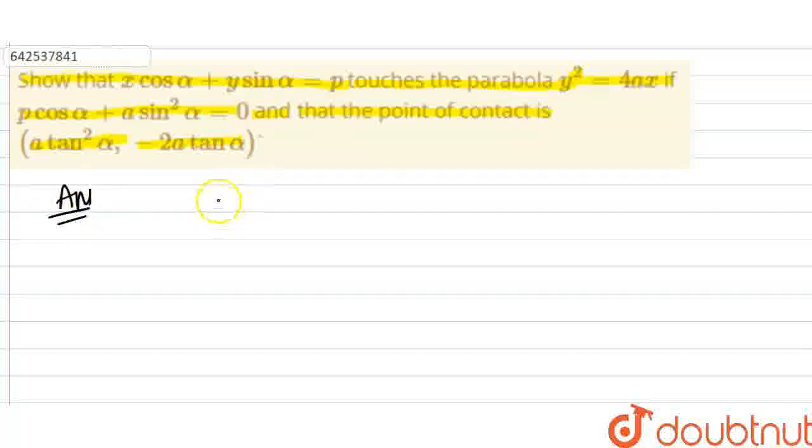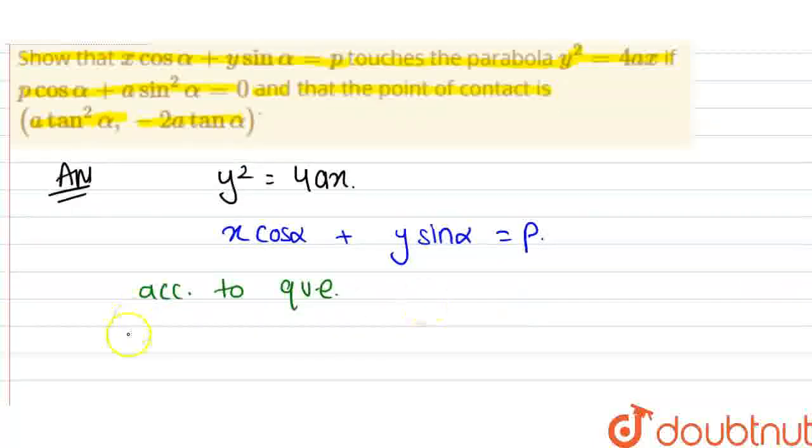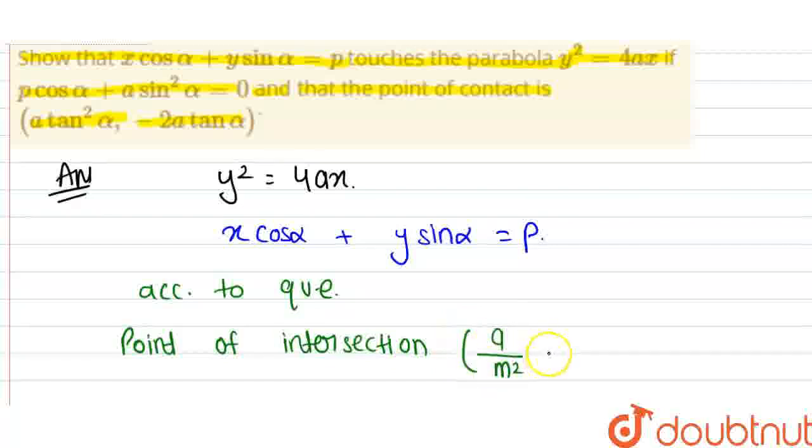The given information is the equation of the parabola y square is equal to 4ax, and we have to show that the equation of the line, that is x cos alpha plus y sin alpha is equal to p, touches the parabola. Okay, so according to the question, as you know, the point of intersection of a tangent with the parabola is a by m square comma 2a by m.